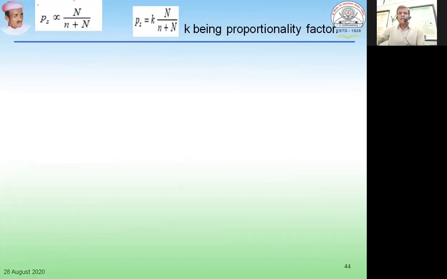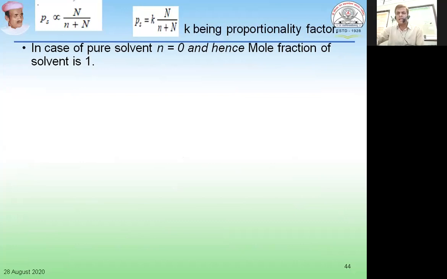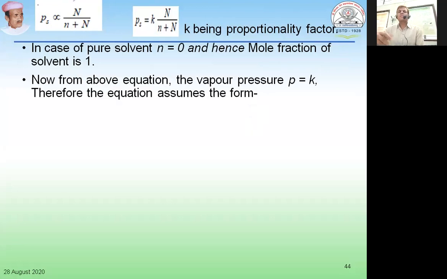So we can say that Ps, the vapor pressure of solution, is proportional to the mole fraction of the solvent. We are putting a proportionality constant, that is K. Now if you consider the solvent in its purest form, the mole fraction of the solvent becomes 1, because nothing else is present, no solute is being added. Then you will find that P is equal to K, because the mole fraction of the solvent is 1.